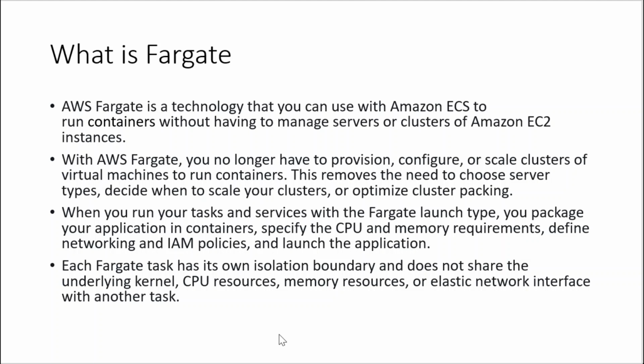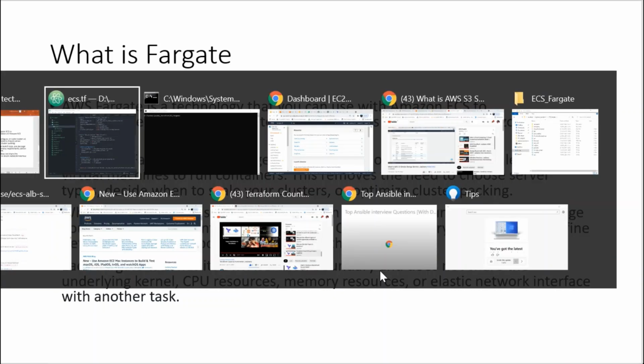So a service role is required. Each Fargate task has its own isolation boundary and does not share the underlying kernel or CPU resources of our EC2 or any other tasks. So it has its own boundary and won't depend on any other tasks. That is what AWS ECS Fargate is.